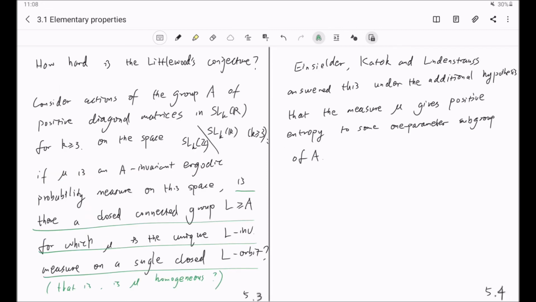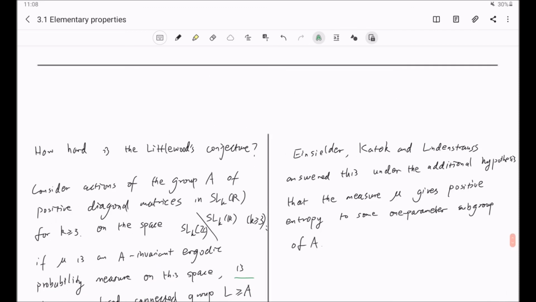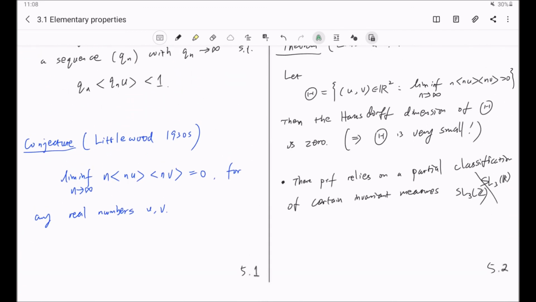And if you can answer this question without additional hypothesis on the measure mu, then you will give the full answer to the Littlewood conjecture. That roughly gives you some idea how hard this conjecture is. And this is very unlikely to be something you can prove with just the real analysis at the undergraduate level.